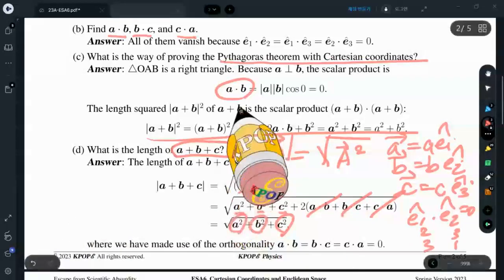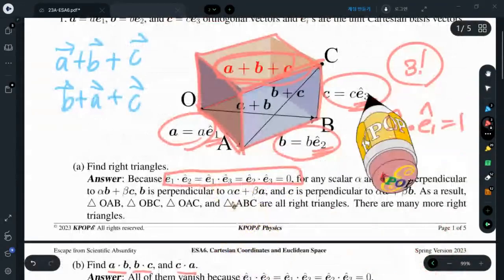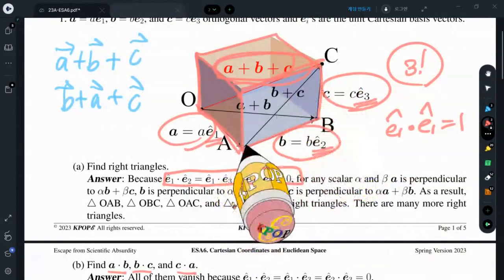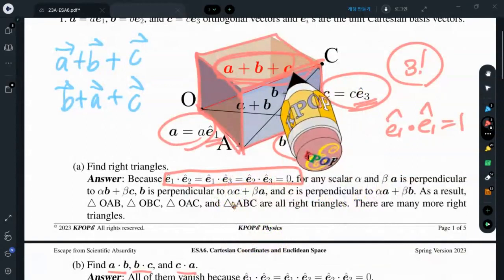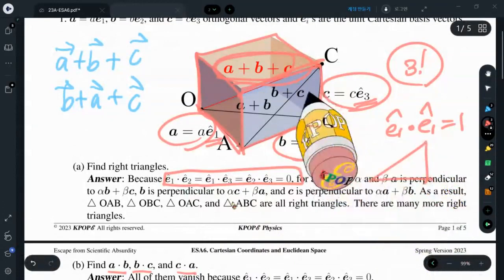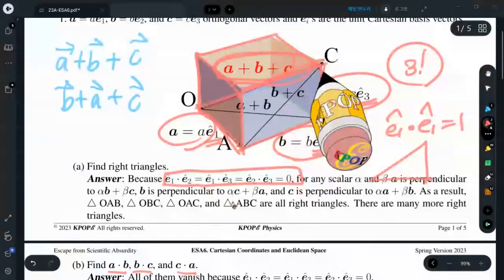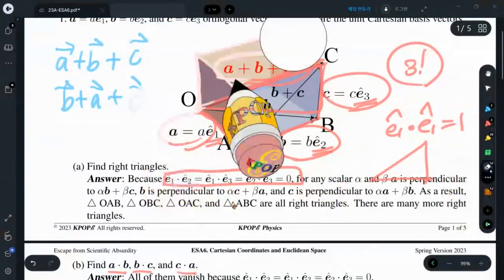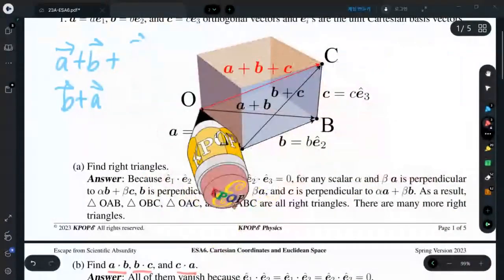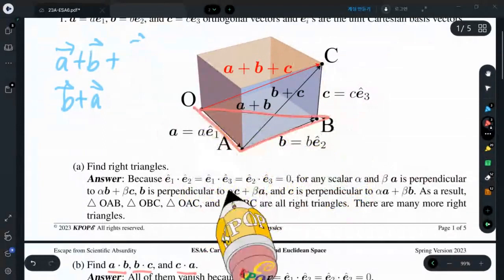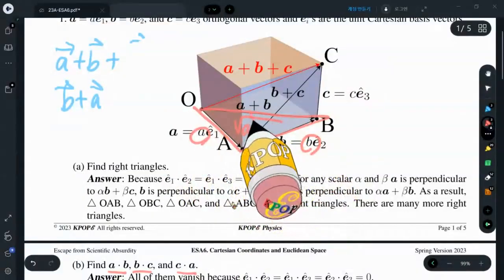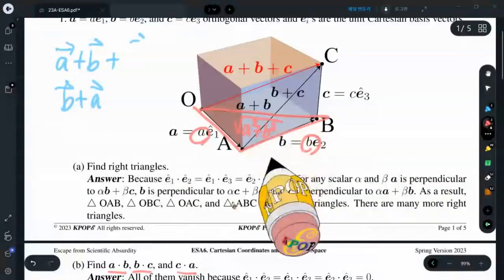Aha, because the three axes, x, y, z, are perpendicular to each other, the two-dimensional version of the triangle can be extended to this three-dimensional version. If you look at this triangle, we have A and B, so the length of this side is the square root of A squared plus B squared.